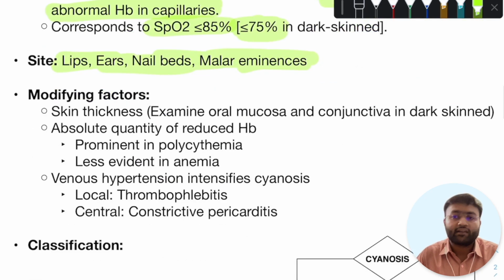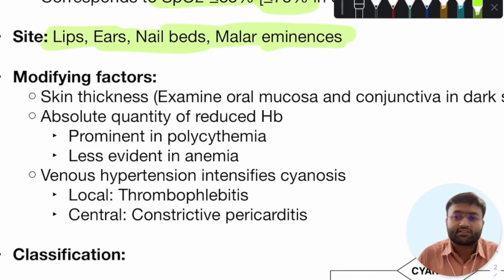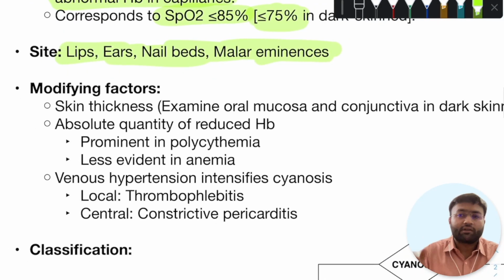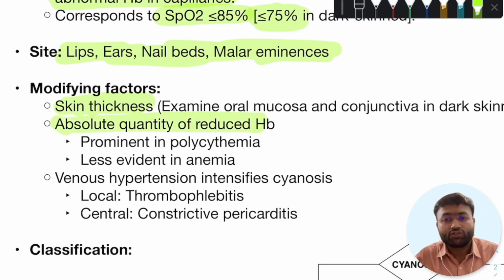Cyanosis can be modified, it can be intensified, it can be decreased. So skin thickness, obviously, as I just described, will limit your ability to see cyanosis. Then the cyanosis always is evident whenever the absolute quantity, rather than the relative quantity, of reduced hemoglobin is elevated.